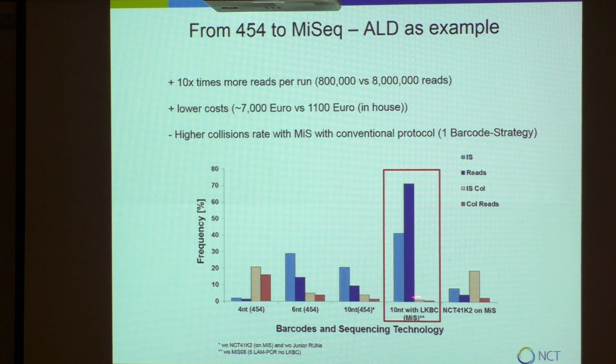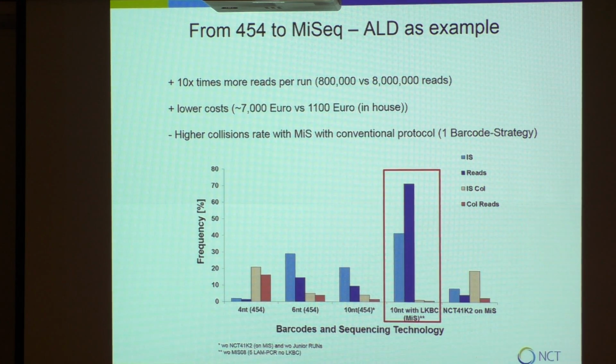If you look here at the ratio between blue, which are the integration sites that we find, and here in brown, light brown, red, which are the collisions, so that we find the exact integration site in sample 1 from patient 1 and in another sample from another patient, where the likelihood of having the same integration site, the same clone, is very low, you see that here we can drastically reduce this kind of collision or cross-contamination, so that we really can be sure with a high probability that the integration sites we retrieve from one sample really belong to this sample.